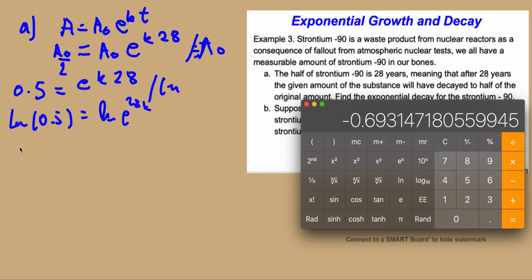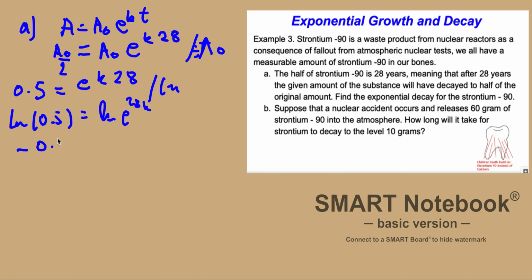And on the other side we are using the properties of logs, the power property: this 28k is going to come to the front. 28k times ln e, but ln e we already know is equal to 1. So 1 times 28k is 28k. So in fact negative 0.69 is equal to 28k.